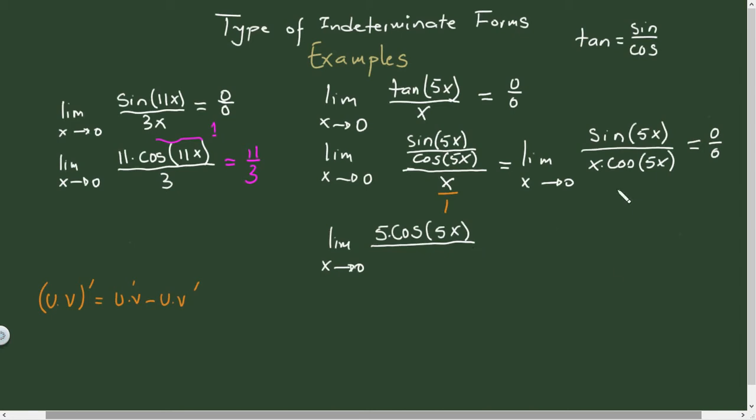It's going to give us the derivative of u of x, which is 1, times the cosine of 5x, plus the derivative of cosine, which is minus sine. Let me show you. I had my other video where I showed how to find the derivative.